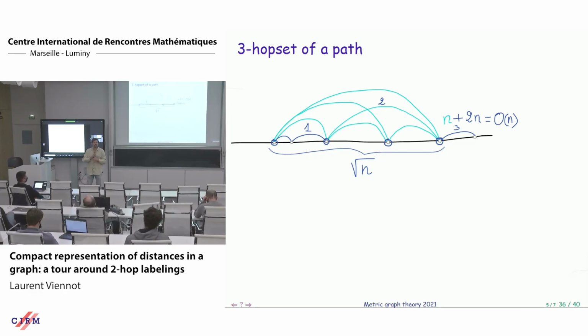That's where you see that the choice of square root of n for these hubs was good, because square root of n squared is also a linear number of edges. So the middle links would be n over 2 of them, and the left and right links would be 2n. So at most 3n shortcuts are added in this step. And now I have to recurse with a path of length square root of n.